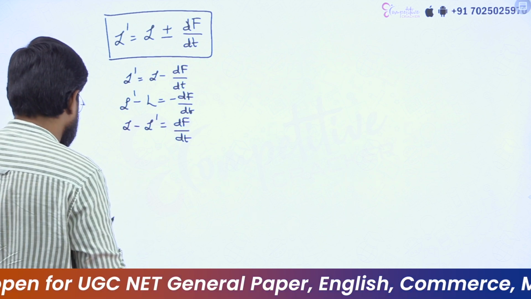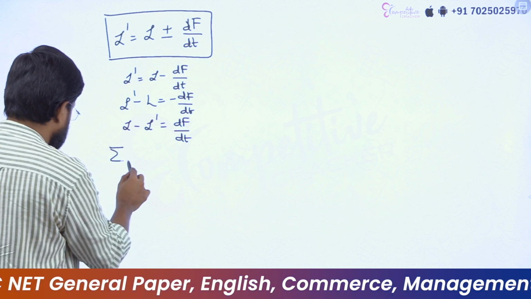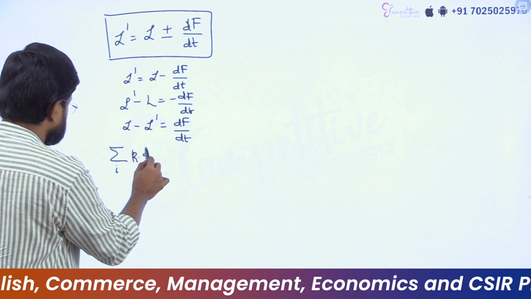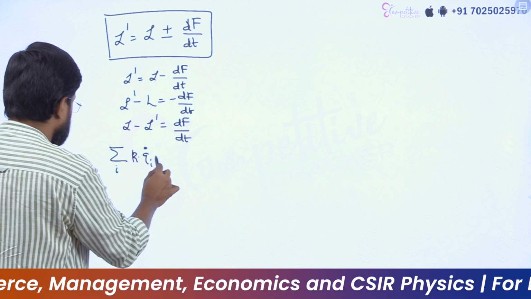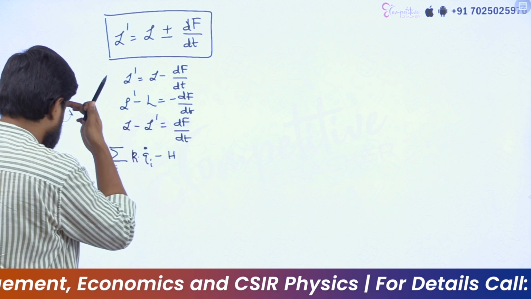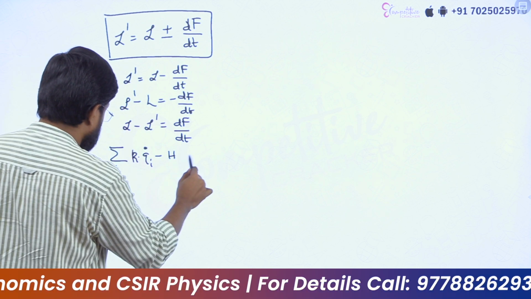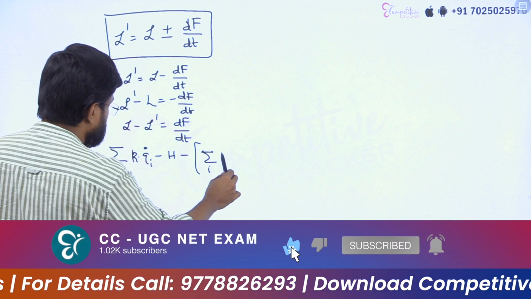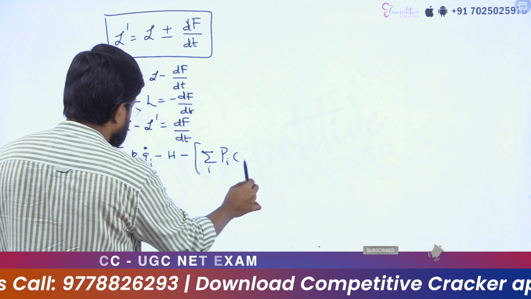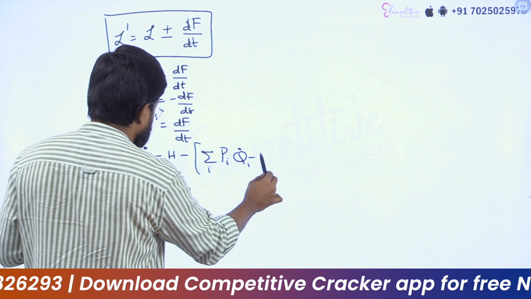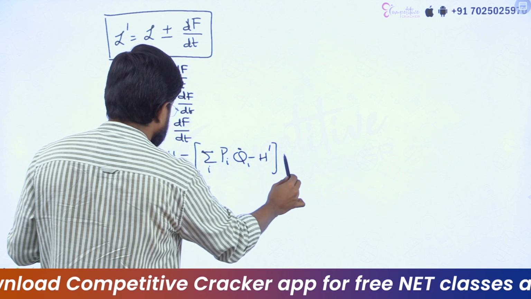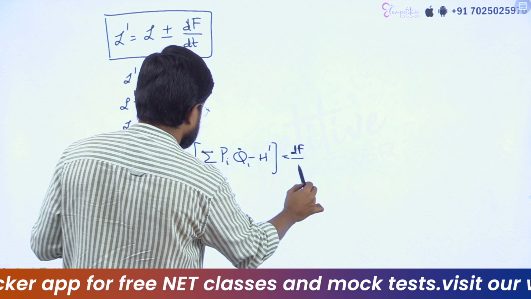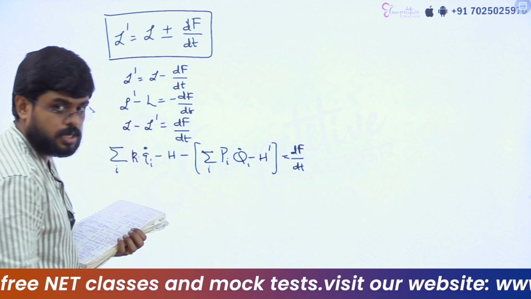So what is this L? L is equal to the summation over i of pi qi dot minus H, right? And L prime is the summation over i of capital Pi capital Qi dot minus H prime, and the difference is equal to what? It is df by dt.